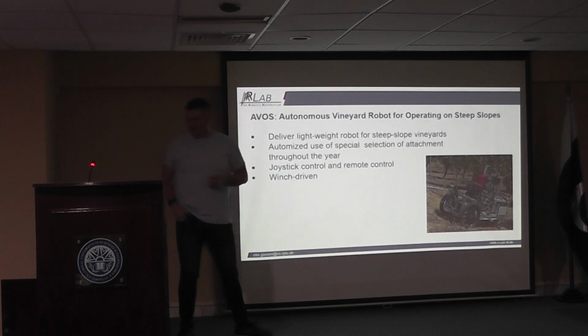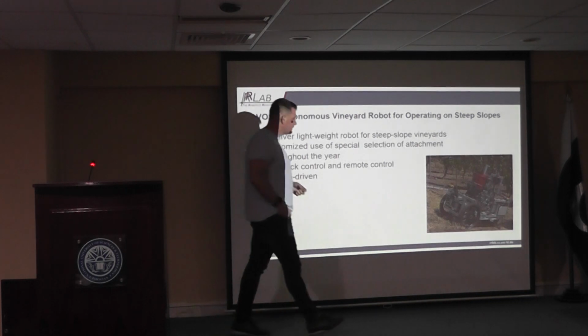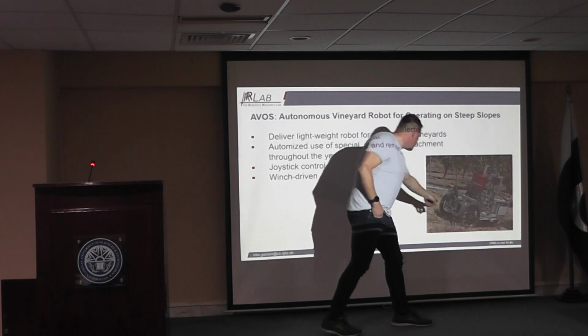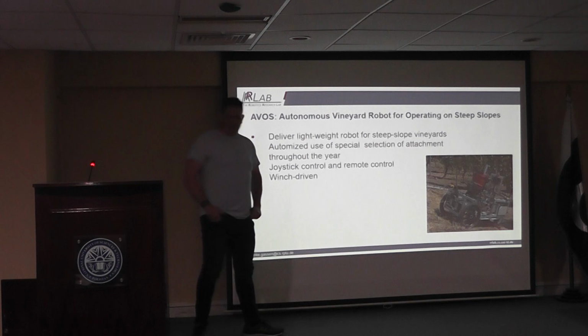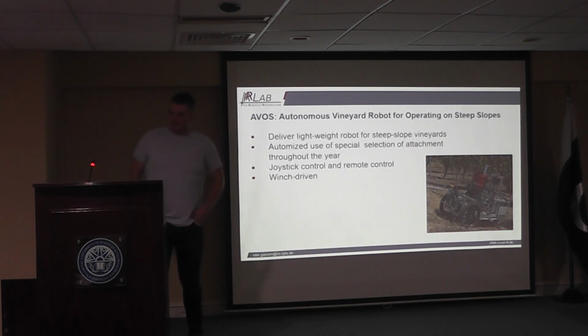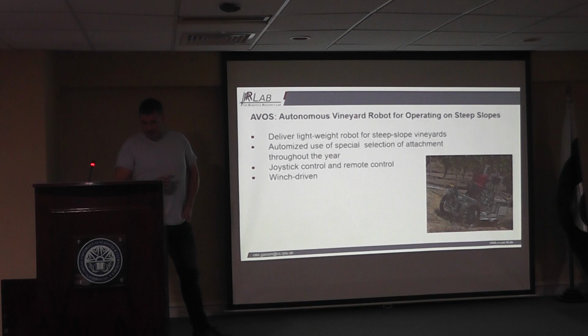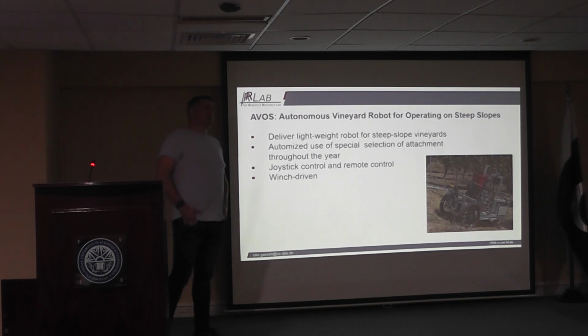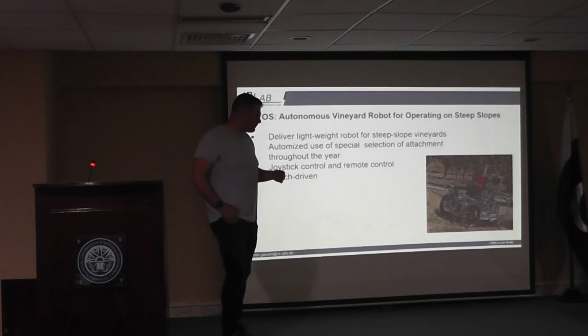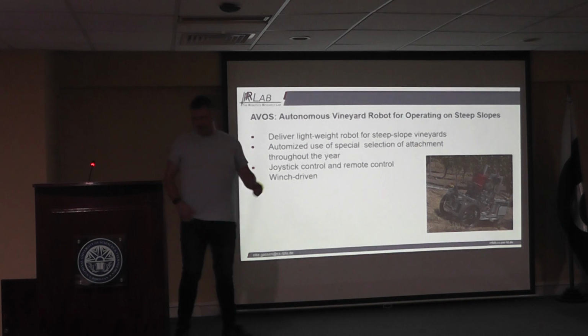The first step is that we use a winch with a steel rope to climb up the steep slopes. And we want the winemaker to use it in as many works as possible. So we define special applications here.